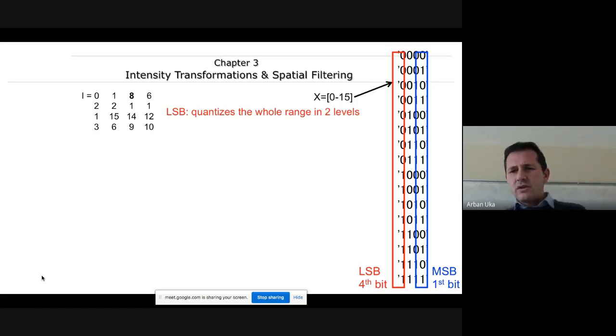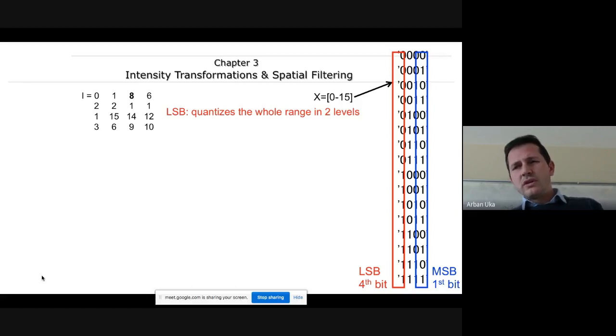So let's have a look at all of these 16 numbers. They have the bit representations as they are shown. Now, if you look at the first column, what do we see there? We see that half of the numbers are 0 and half are 1s. Which means that if we just look at one bit plane, being 0 and 1 means that we can separate all the numbers smaller than 8 as 0 and larger than 8 as 1.